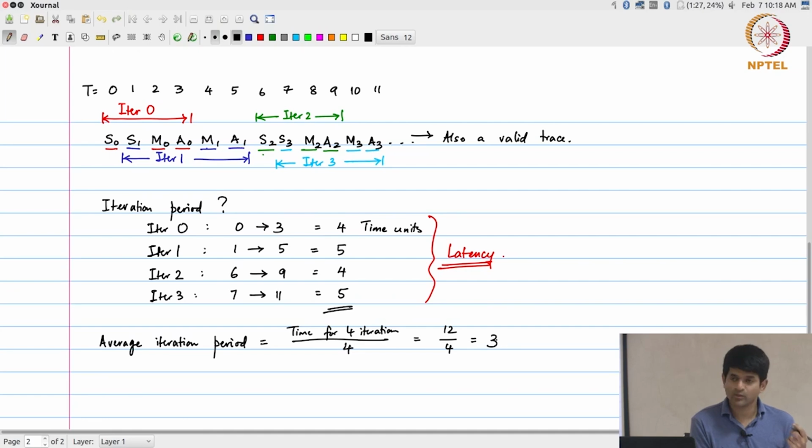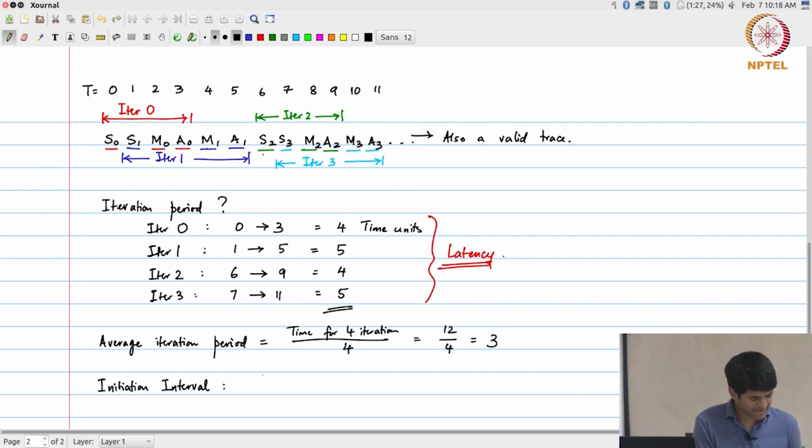The next question is the initiation interval, or the iteration interval. What do I mean by this? I am asking the question: after iteration 0 starts, what is the time before iteration 1 can start?